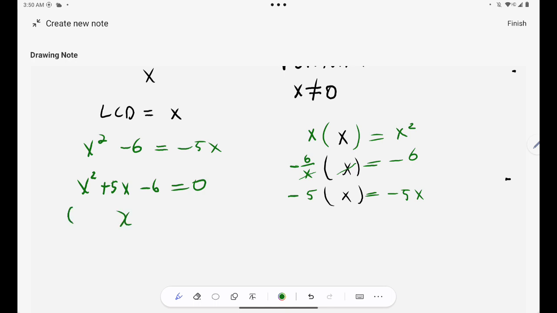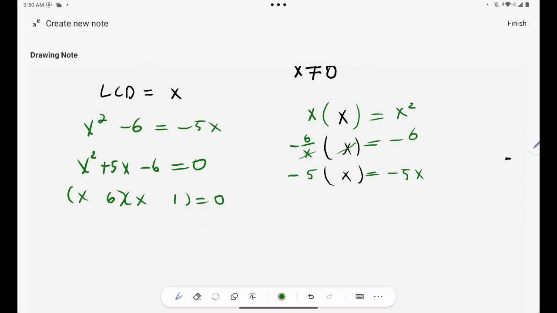I want the factors of 6 that when I subtract will give me 5x. That's 6 and 1. I know that 6 multiplied by 1 is 6, and 6 minus 1 is 5. Since here I have a negative, it simply means my brackets will have different signs. But the bigger factor will always take the sign of the middle term.